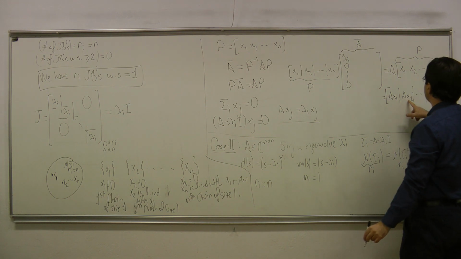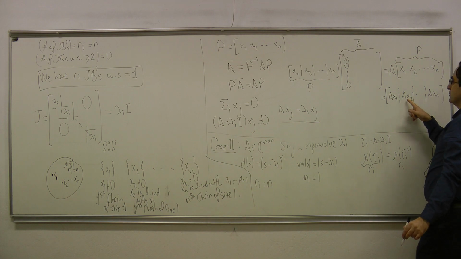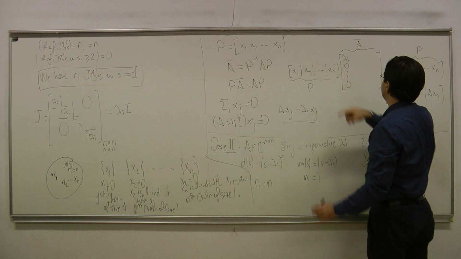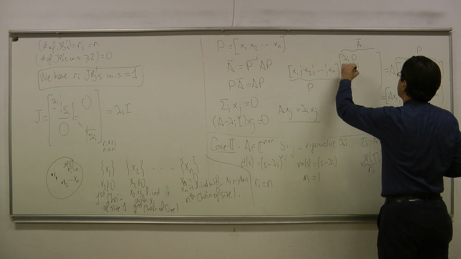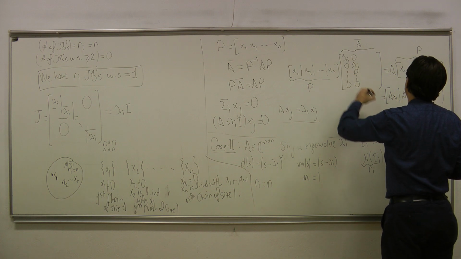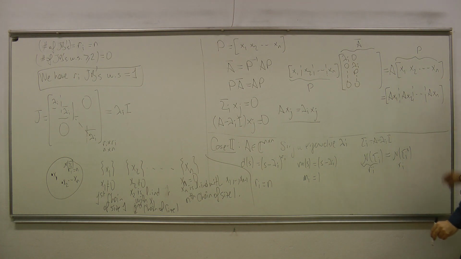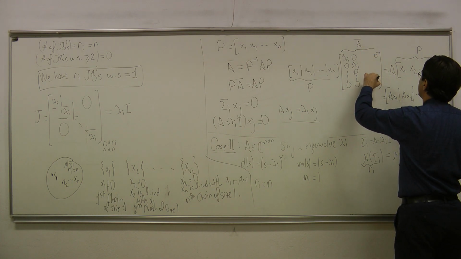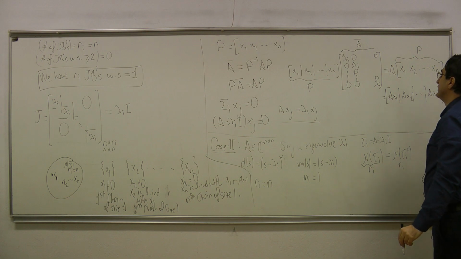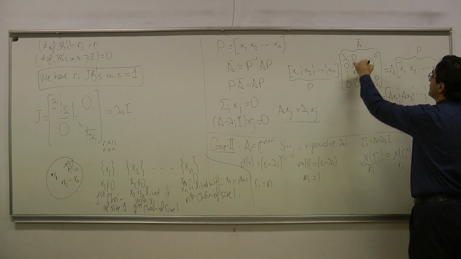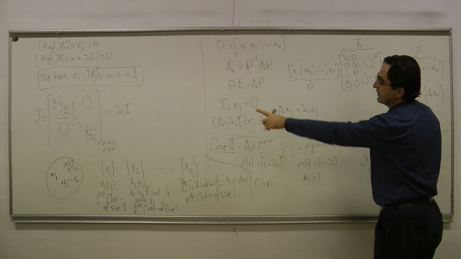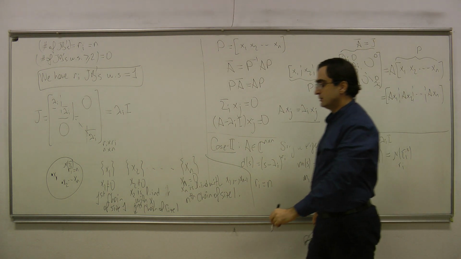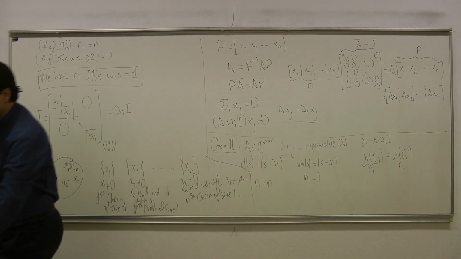That means that A times x2 is lambda I times x2. So the coefficients would be 0, lambda I, and all zeros for the rest. So this is correct for any of these columns here. So I would have here all zeros at the end with only the coefficient lambda I. So this is a diagonal matrix, and you see that it is exactly equal to the Jordan canonical form. A bar is equal to J.